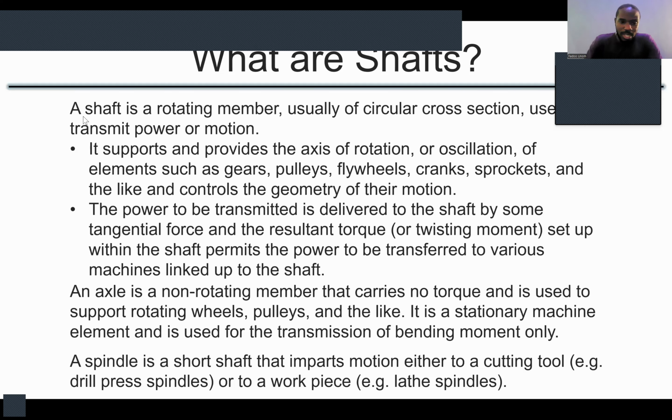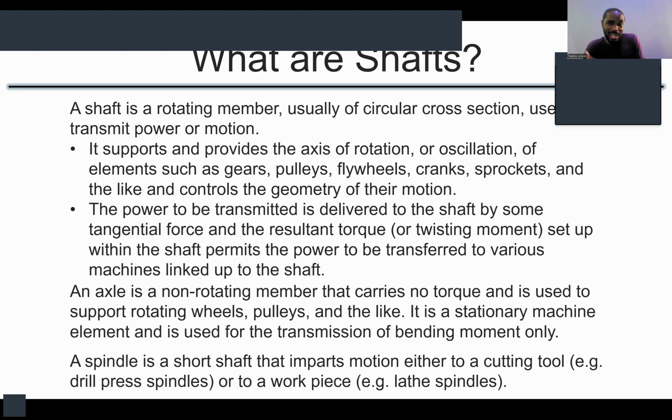So we said that the power to be transmitted is transmitted through the shaft. So imagine that you have a motor, right? Motors usually have some features that allow you to input a shaft and couple the shaft to the motor. So as the motor is turning, the armature of that motor is connected to the shaft.